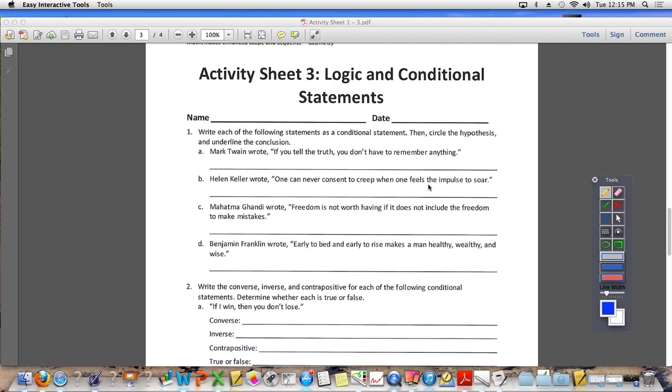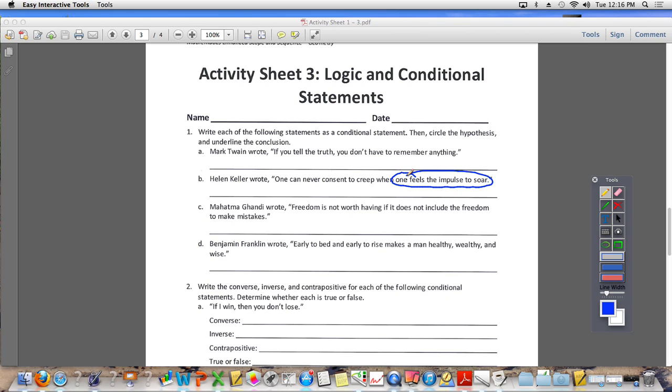So read letter B. Letter B says, Helen Keller wrote, one can never consent to creep when one feels the impulse to soar. Do you guys know who Helen Keller is?